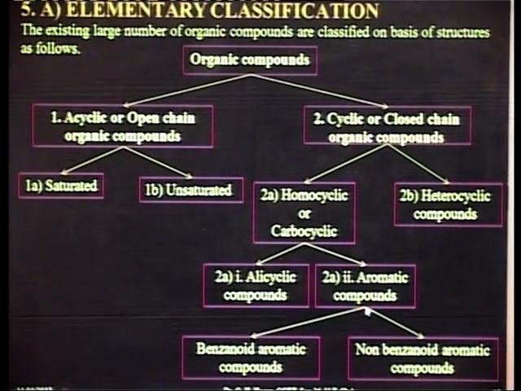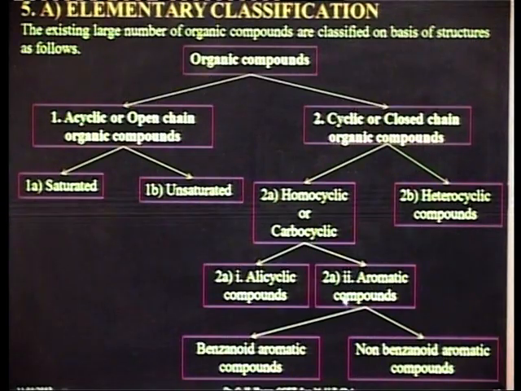So, that is a compound which follows Huckel's rule, that is, organic compounds with 4n plus 2 pi electrons. The detailed study is not required as far as the first semester diploma classes are concerned. Therefore, I am avoiding that.